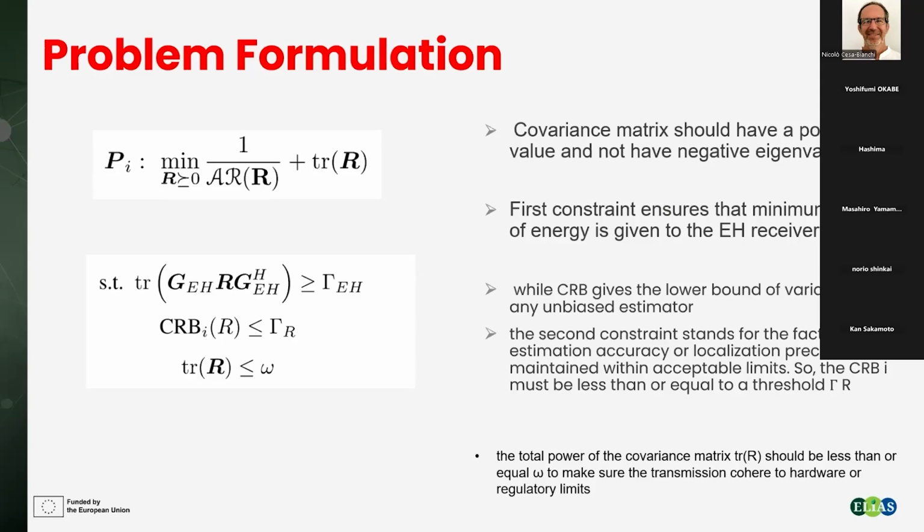The first constraint means that a minimum amount of energy is given to the energy harvesting receiver, which is gamma energy harvesting. The Cramér-Rao bound is a lower bound on the variance of any unbiased estimator. And the total power of the covariance matrix, trace of R, should be less than or equal to W to make sure the transmission adheres to hardware and regulatory limits.